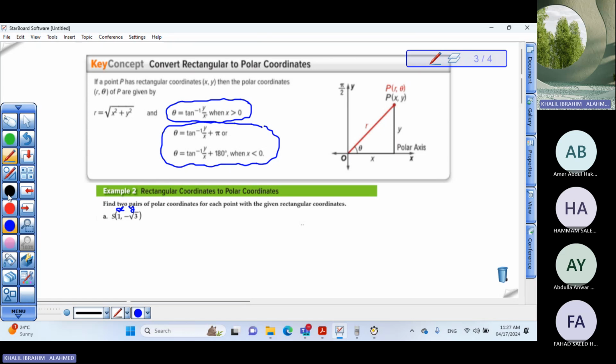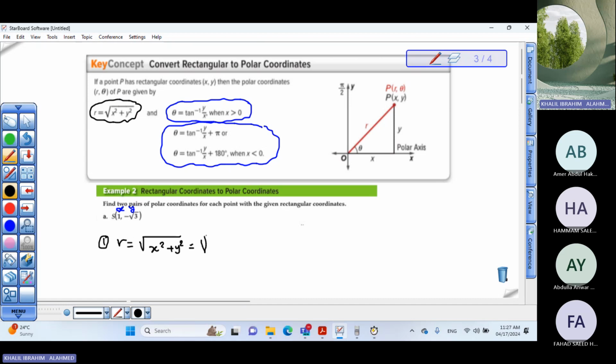The first example here, how to convert rectangular to polar. Here we have x and y. Step 1, you should find r. R equals the square root of x squared plus y squared.